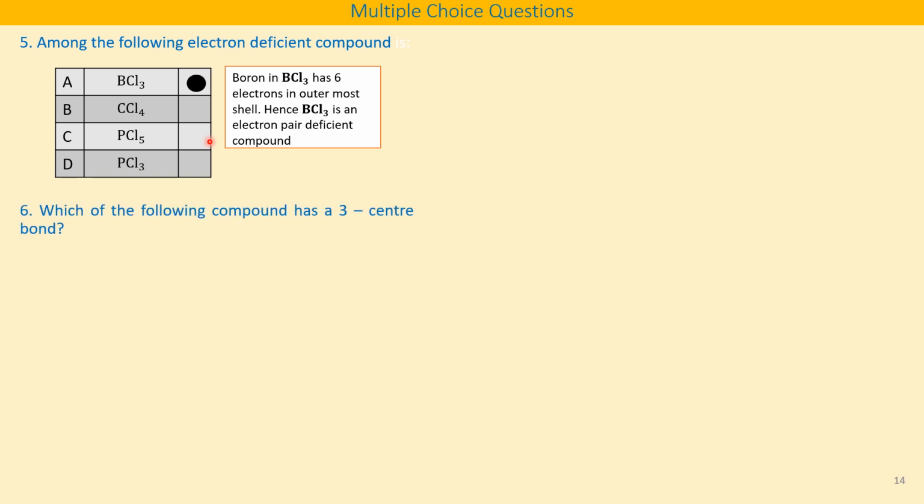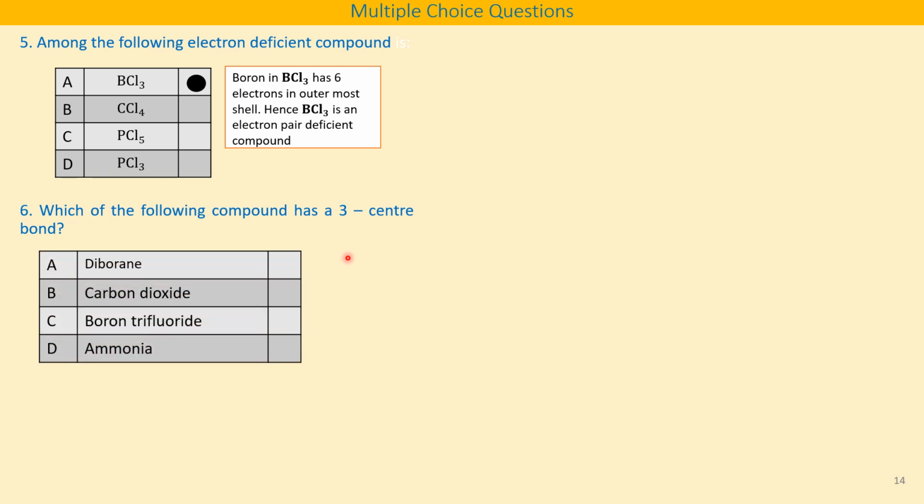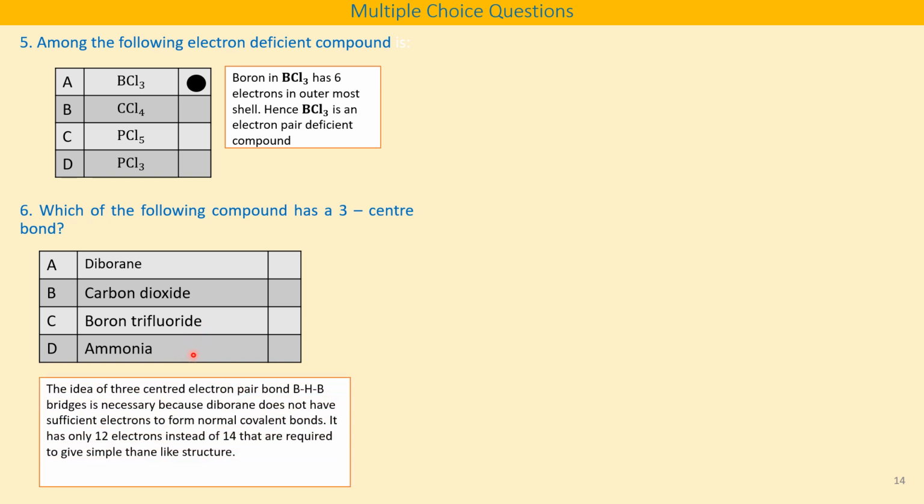Please mark it. Which of the following compounds has a 3-center bond? Diborane, carbon dioxide, boron trifluoride and ammonia. So you have to mark the correct answer.